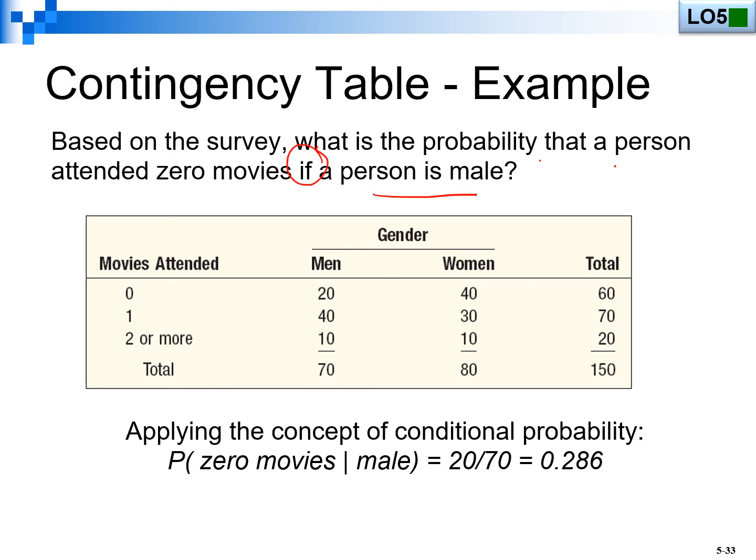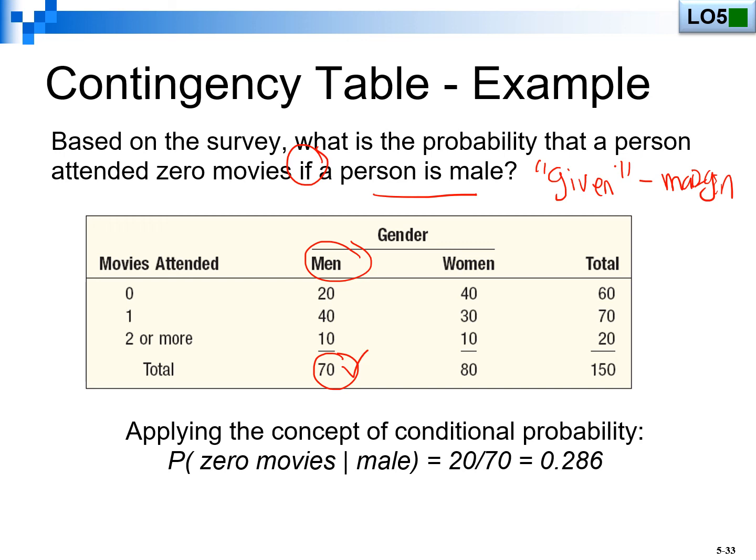So I want to make a point that that's what we call the given: you're a male. And the given is always going to be what they call the margin. So if I go to the male column, the margin is 70. So the first step is we know that's going to be your denominator.